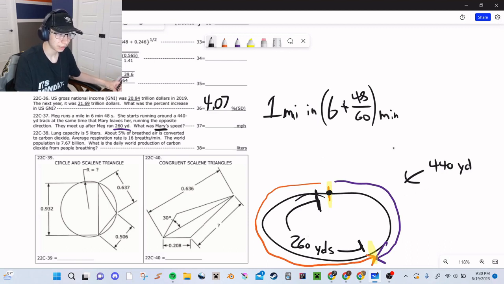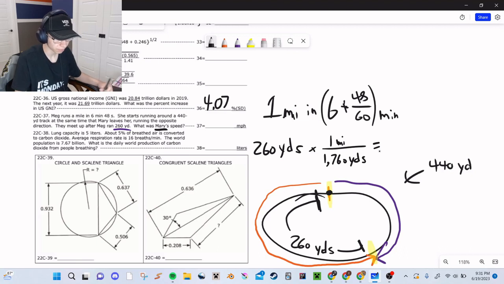So let's change yards to miles, right? Make sure our units are the same. So 260 yards times 1 mile for every 1760 yards. These units cancel out. This is 0.1477 miles.